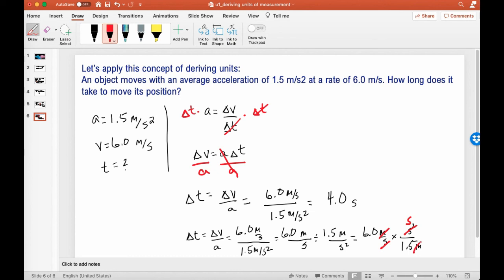Meters over meters cancels out. You should be able to now see that this is 6 divided by 1.5, which is 4.0, and the only unit left is seconds, and it's on the top. 4 seconds.